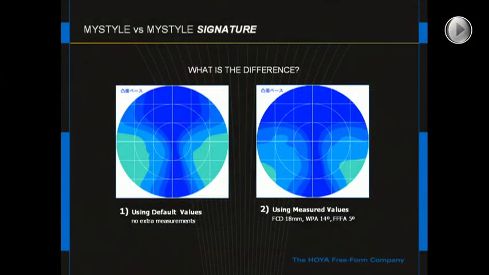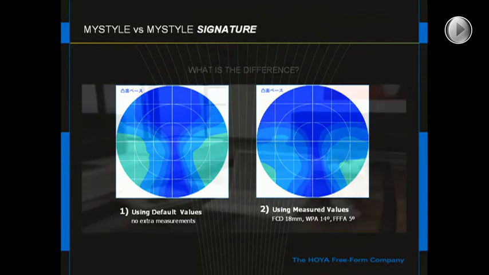So whether we're giving specific measured values or whether we're using conventional or averaged values for how the lens is positioned in front of the eye, what is that impact? What is the difference between that? Well, using the clearness index, we can give you a comparison of what those default values or averaged measurements that we'll use, rather than measured values, as compared to what true measured values will do to the actual outcome of the design.